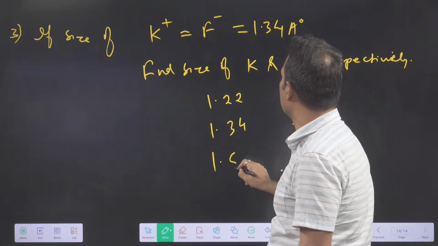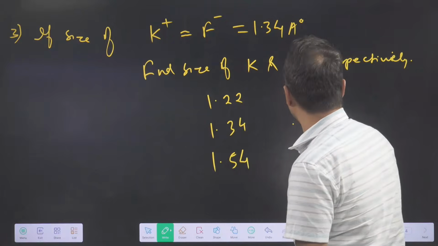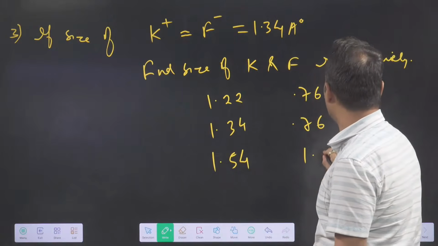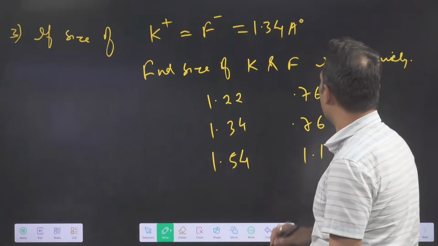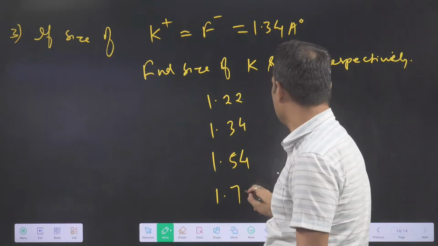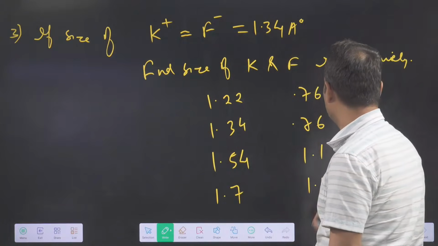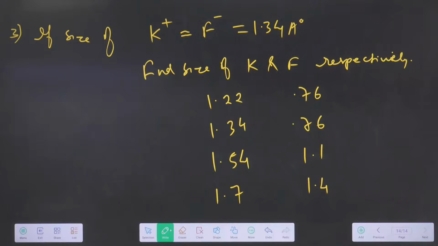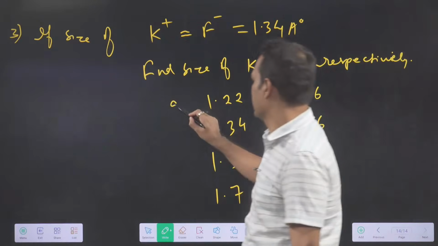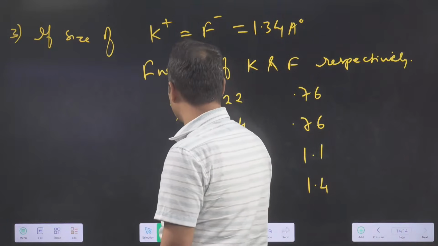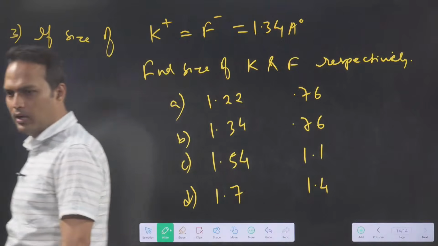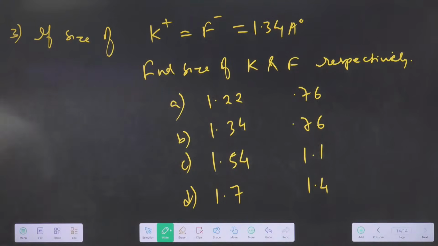Other value I am giving you 1.54, 1.1. And next value I am giving you 1.7, 1.4. चलो बताओ which one is correct answer. Now this question is a bit better standard. ठीक है ना? This question is a bit better standard.